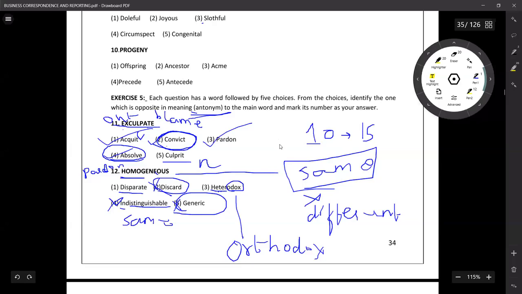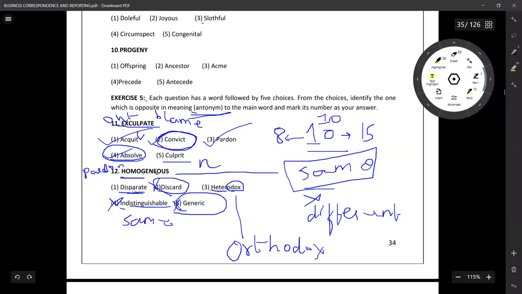Lockdown going on, situation is bad. I sell it off at 8 rupees. That will be what? Discount. I bought it for 10, I'm selling it for 10. I'm selling it at par. Par means equal. Good, good, guys.